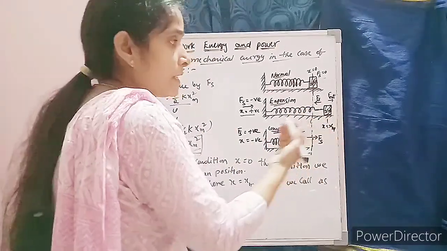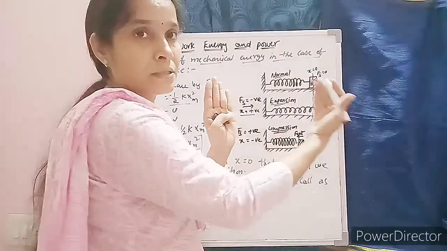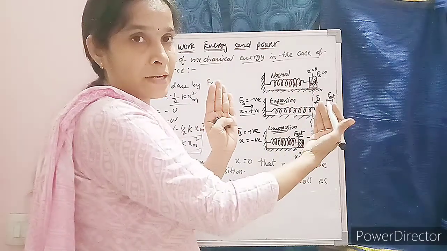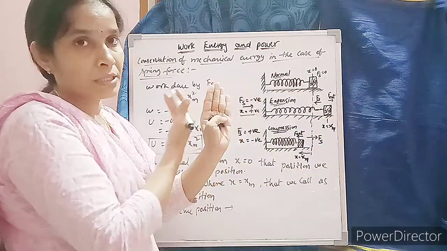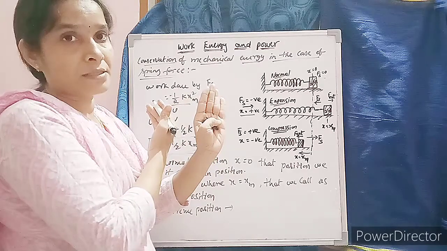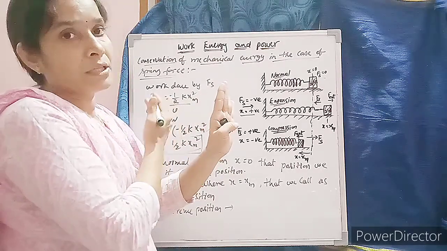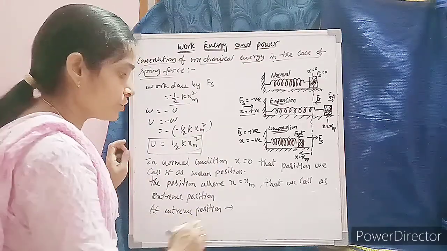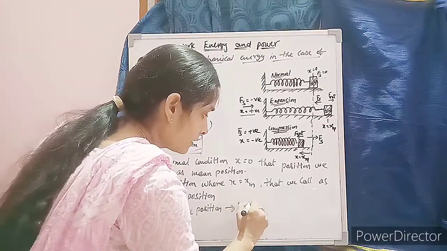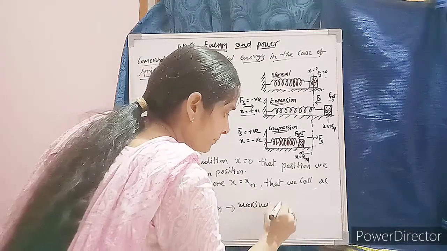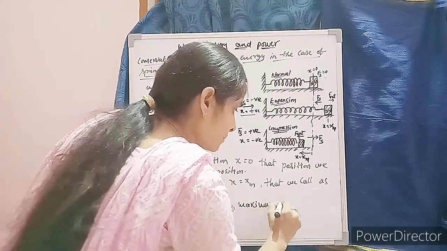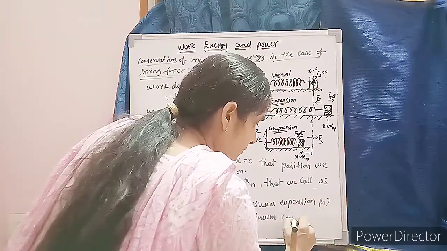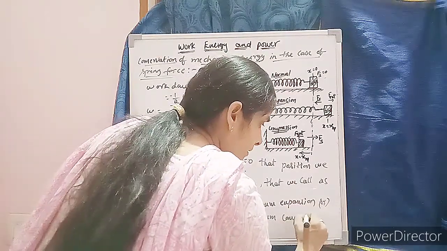If the block moves along the positive x-axis, we get maximum expansion. If the block moves in the negative x-axis direction from the mean position, we get maximum compression. So at the extreme position we have maximum expansion or maximum compression.